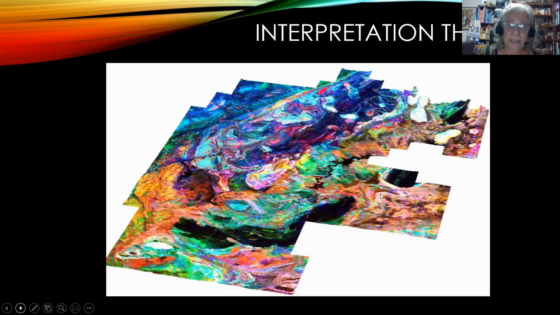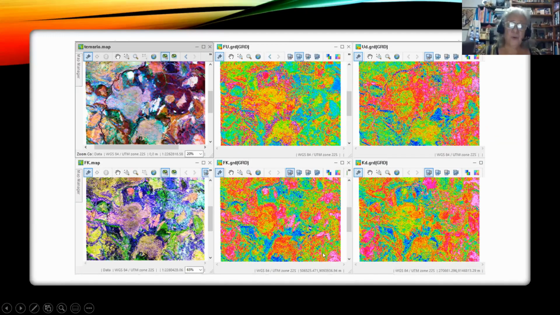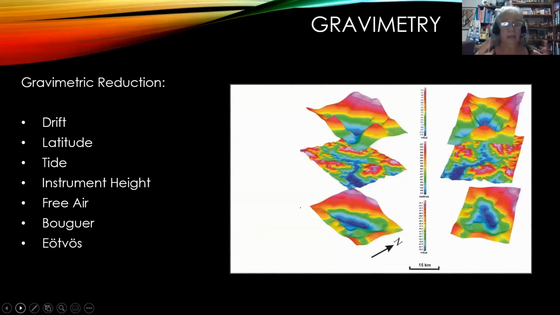It's good also to look at this in 3D because of, as I said, the mobility, and to interpret your data better. So here are some different terms that we generate and can use. This is a zoom, and as you see, this correlates really well with the geology and allows us to have a better geological map.